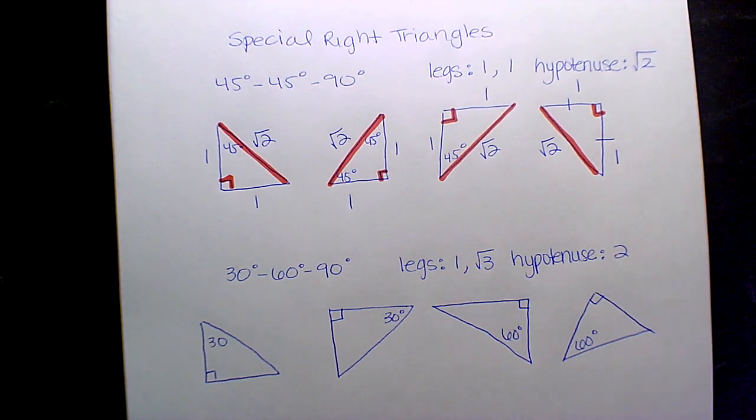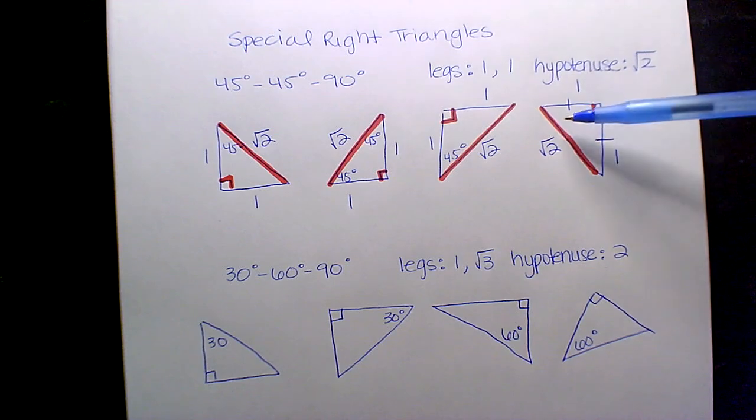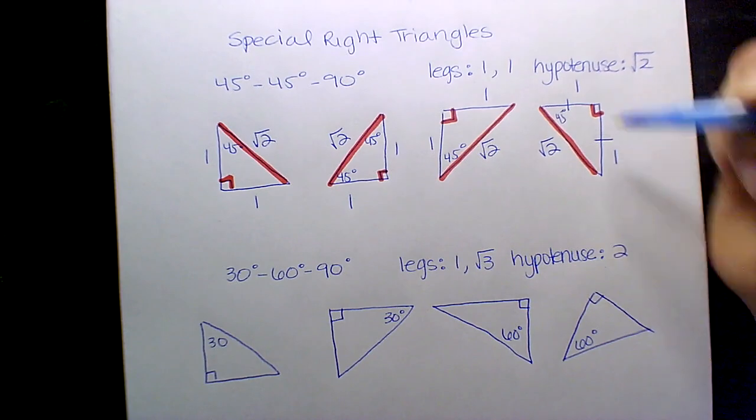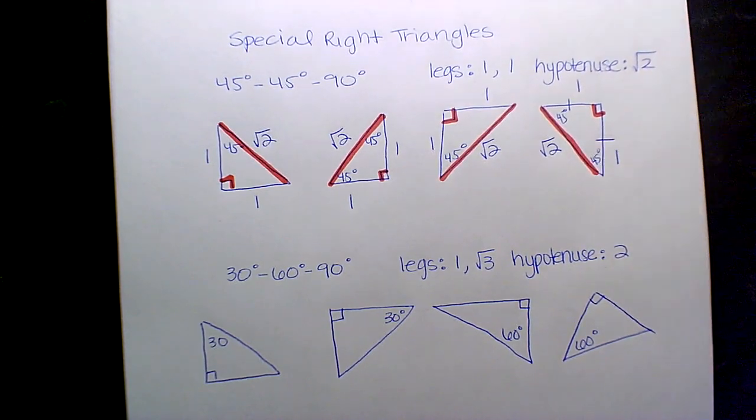If they're not giving you the angles, you should already know this is a 45, 45, 90. State tests like your PSAT, SATs, SBAC like to do this, they're going to imply two congruent legs. It's a 45, 45.